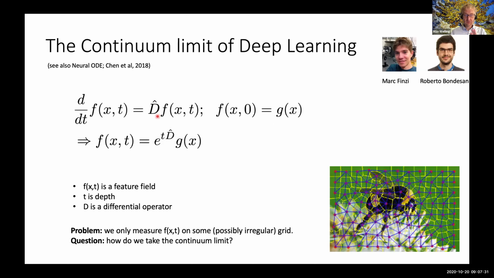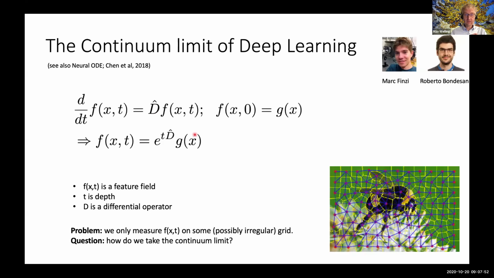So D is, as we're going to see, some operator that is local. Like a convolution is a local operator on a grid. We're going to think of D as an operator which consists of derivatives, and so it acts locally on an image. But then I'm talking about a continuous limit of an image.